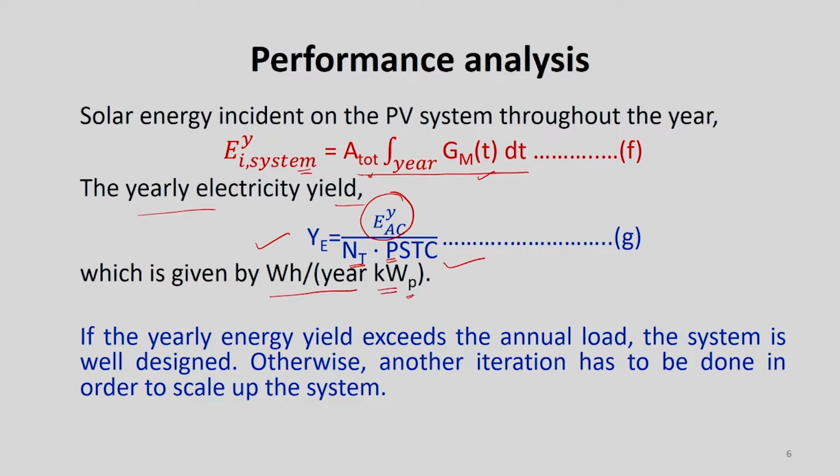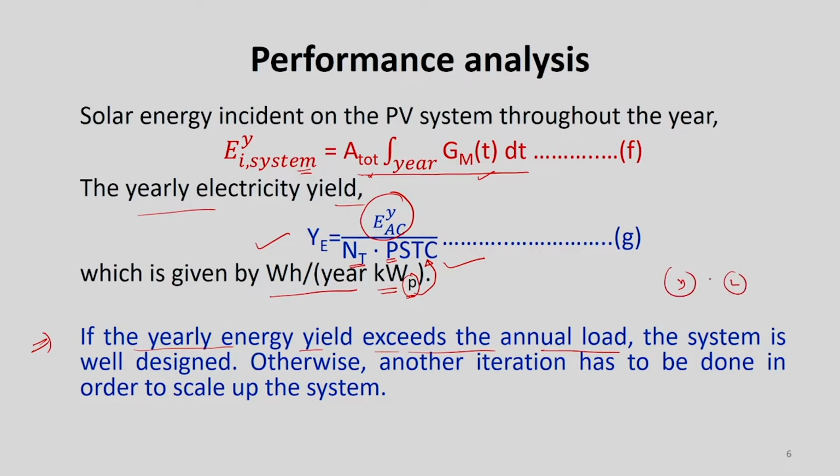So, this P stands for peak, where power is calculated at standard test condition. That means 1 kilowatt per meter square, wind speed of 1 meter per second and spectrum of AM 1.5. So, if the yearly energy yield exceeds the annual load, so we have energy yield and then we have load.